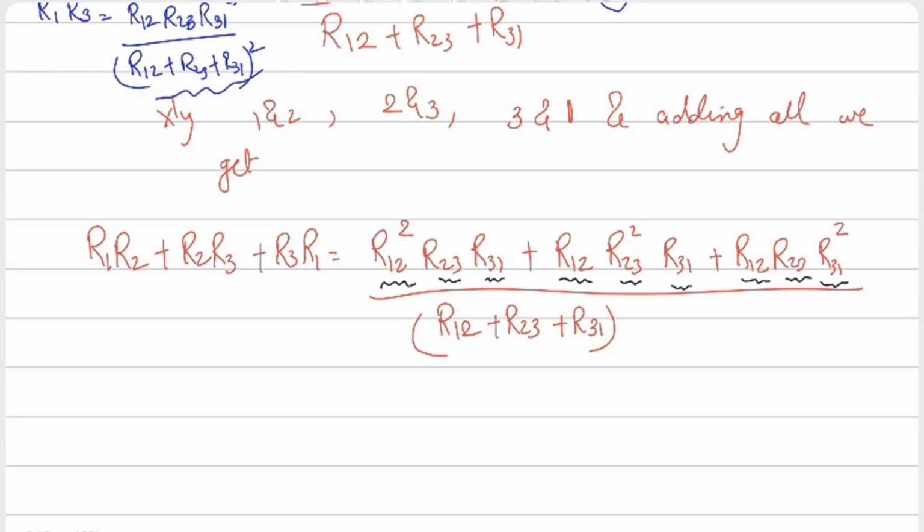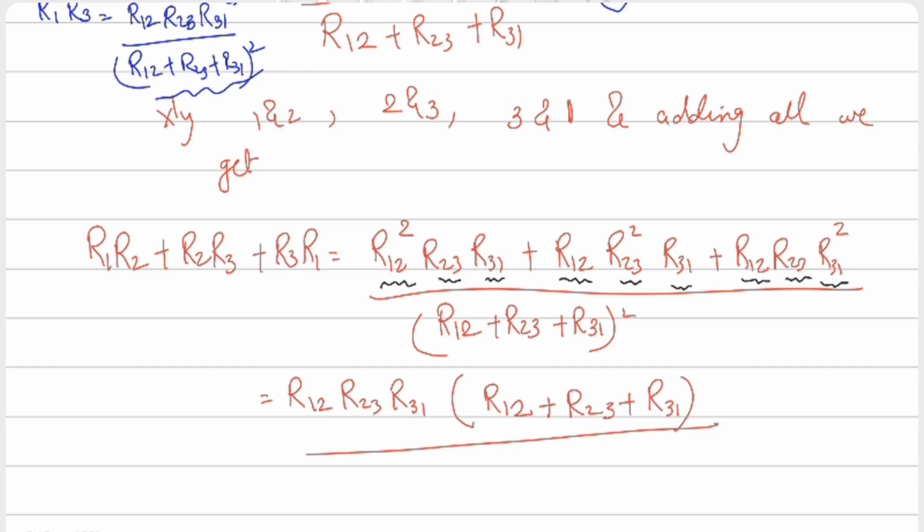Now you can see here R12, R12, R12, R23, R23, R23, R31, R31, R31, isn't it? So we can take this term outside the bracket, so we'll get R12 R23 R31 into R12 plus R23 plus R31 divided by R12 plus R23 plus R31 the whole square.